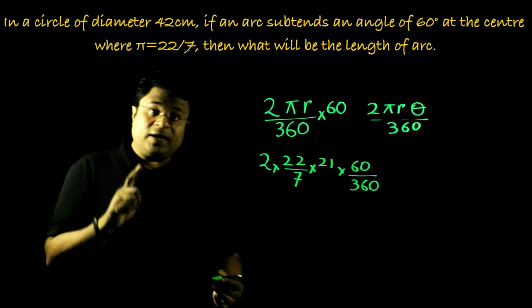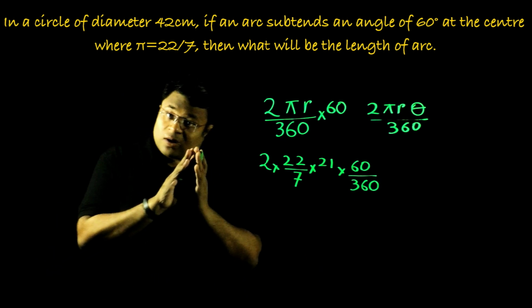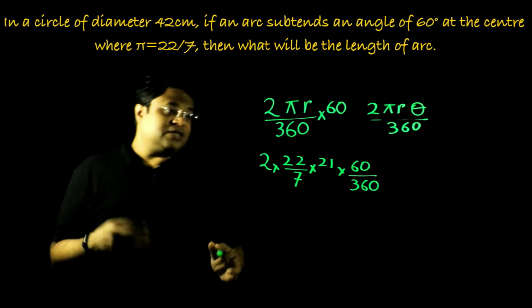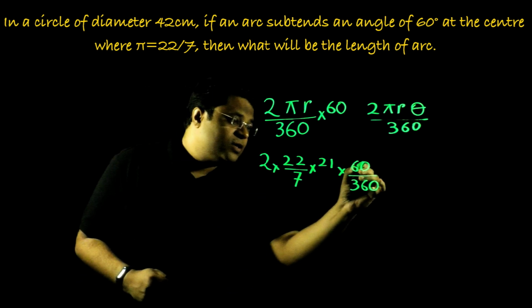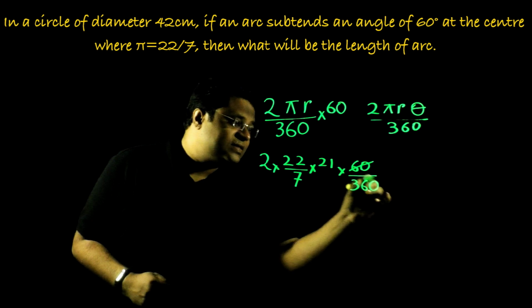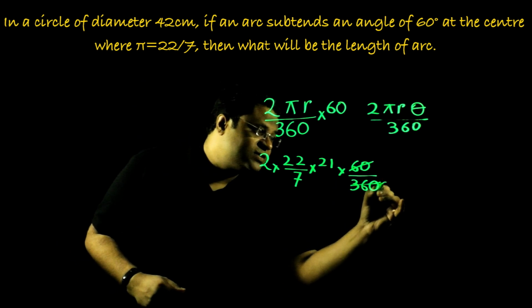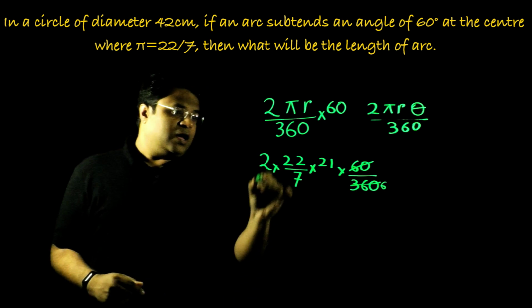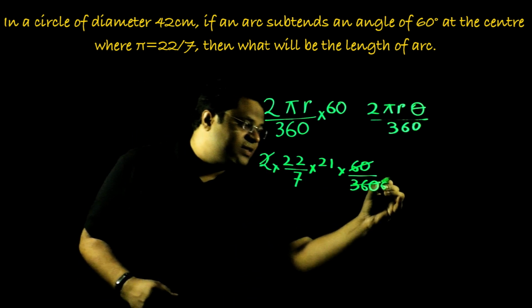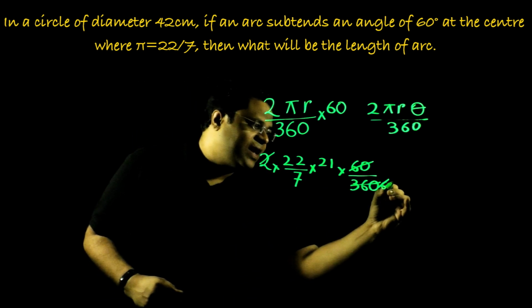So only multiply once you are over with all the cancellations. Let's try to cancel everything. First of all, if I cancel 60 and 360 straight away, 6 into 6 is 36. We'll have a 6 here. Now when I cancel this 2 with this 6 once again, we have a 3.